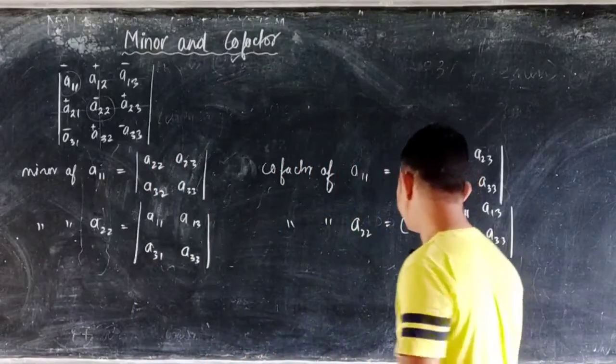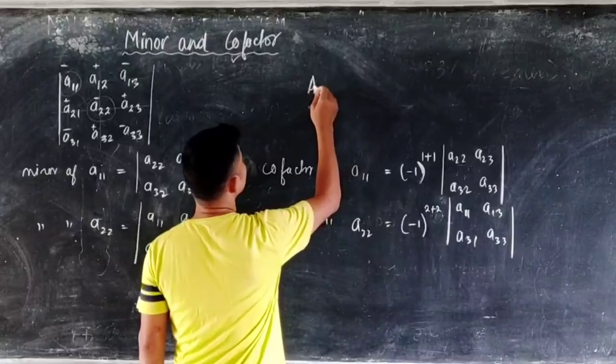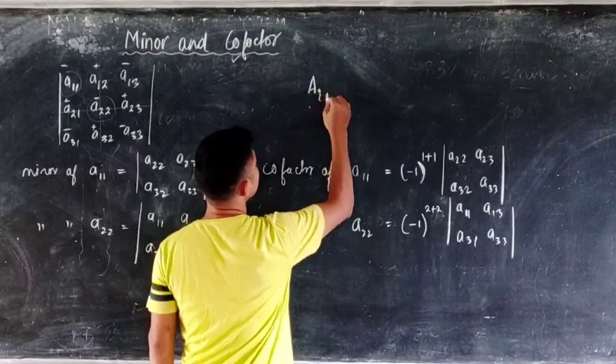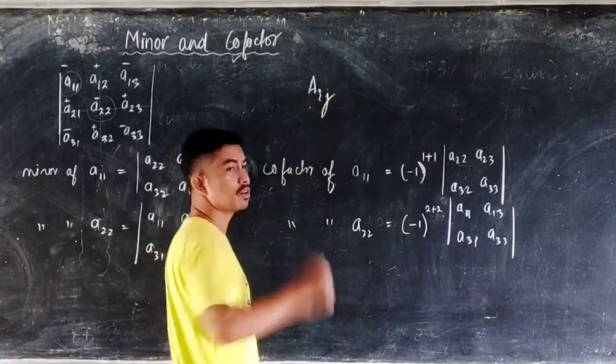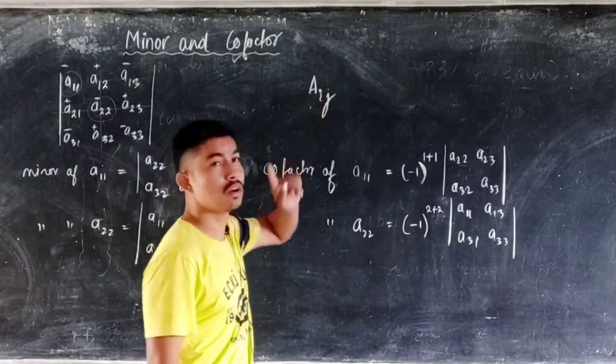So generally, for the element Aij, the i denotes the row and j denotes the column.